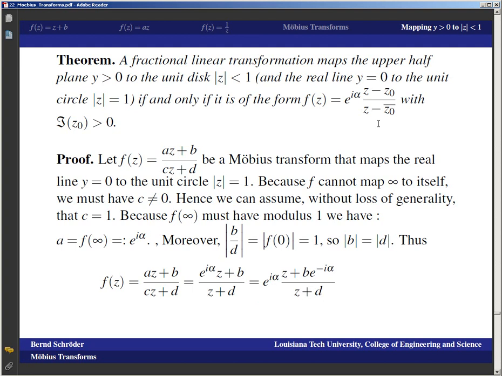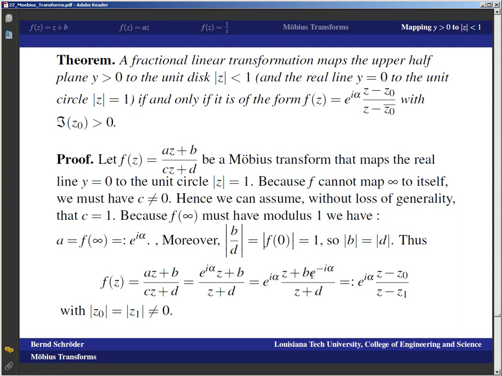We just factored out the e to the i alpha to get the right form here. And that's e to the i alpha z minus z0 over z minus z1. So we fought really hard to get all sorts of things there, but in the end we just say that this is z0 and this is z1, with the added caveat, however, that the absolute value of b is equal to the absolute value of d.